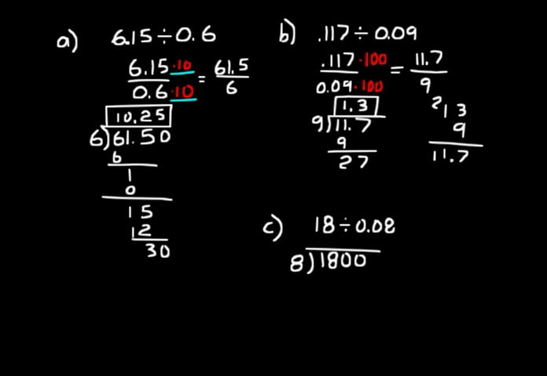All you do is multiply above and below by 100. That's how you get the 1800 and the 8. And then you just go ahead and do division. 8 goes into 18 2 times. Bring down the 0. 8 goes into 20 2 times.